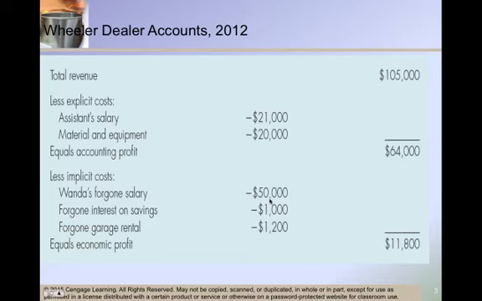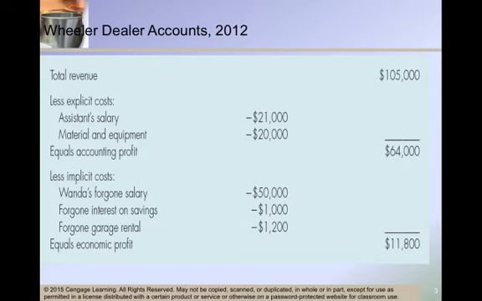She had a better way of actually building an airplane wheel, and she wanted to start up her own company to produce these wheels. So she went into business, she started producing them, and she had explicit and implicit costs. We want to talk about what Wanda's accounting profit was and what her economic profit was, just to highlight the difference between these two concepts.